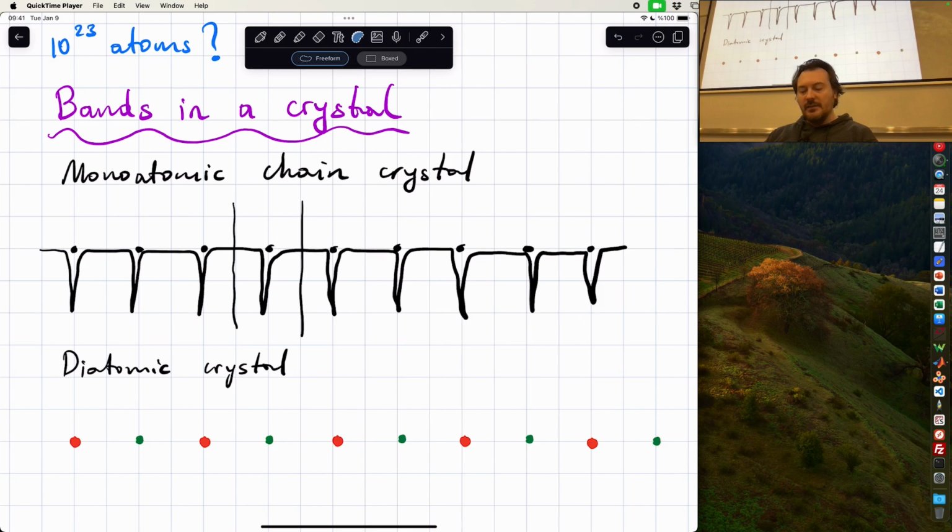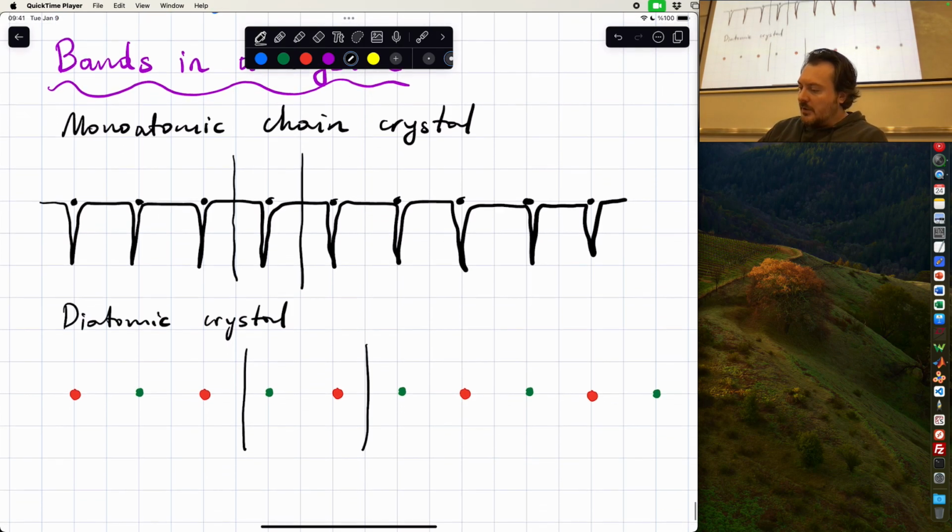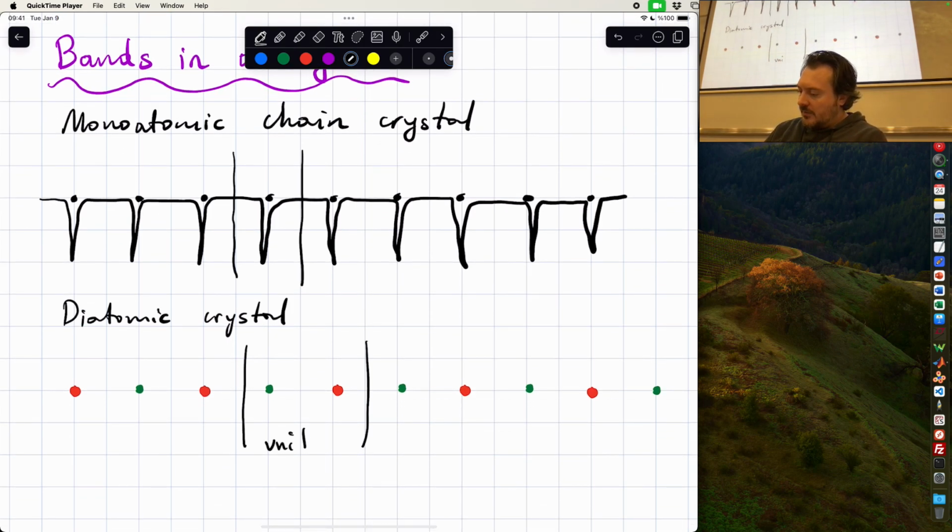So in this case, you cannot simply solve the problem by doing this, because there's another atom there breaking the symmetry. So you need to deal with this one, right? And that's what we call a unit cell of a crystal.